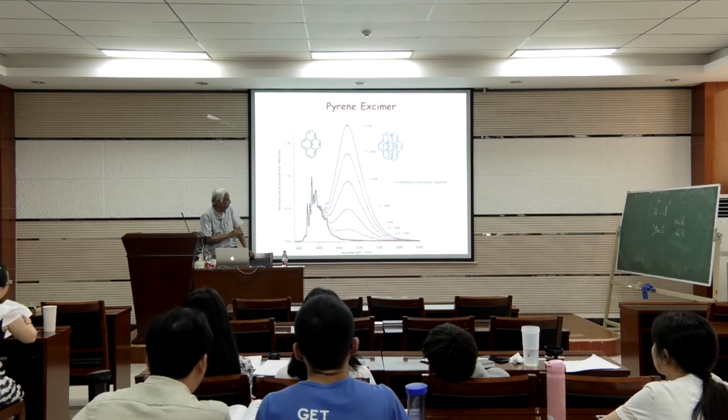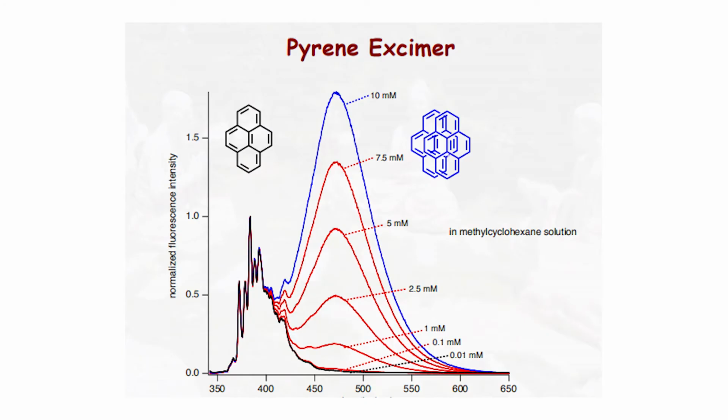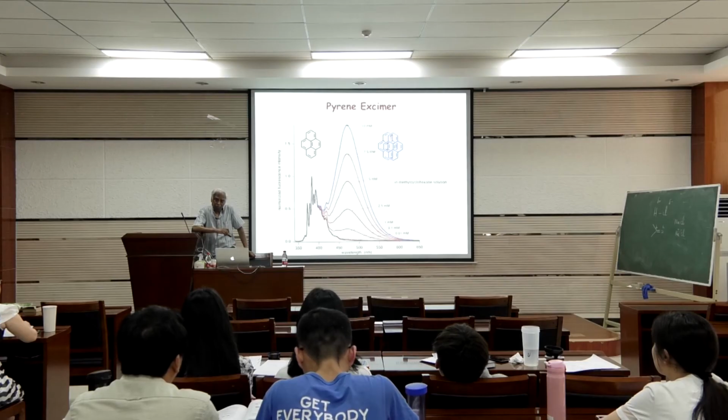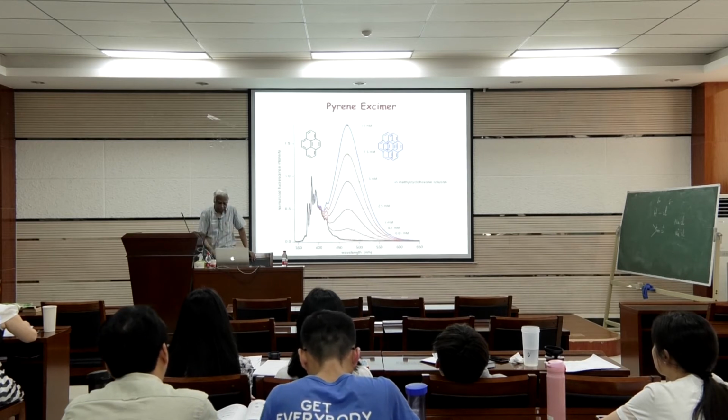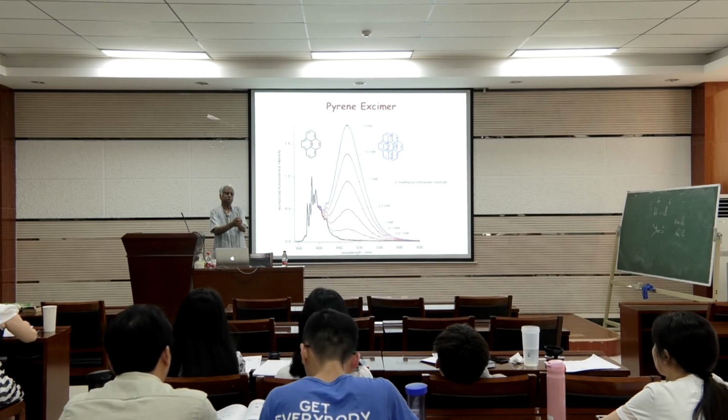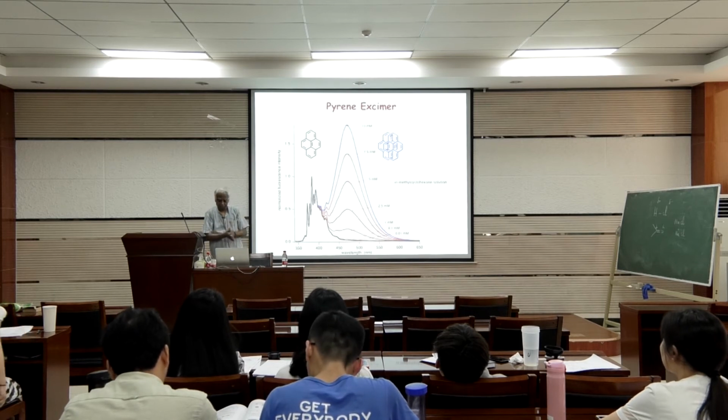So if you have this molecule in a tiny amount, about 0.01 millimolar, that is about 10 micromolar, you will not see the hexamer. To see the hexamer, you have to have a pyrene and another pyrene, so they have to come and interact, and then you will see the emission.